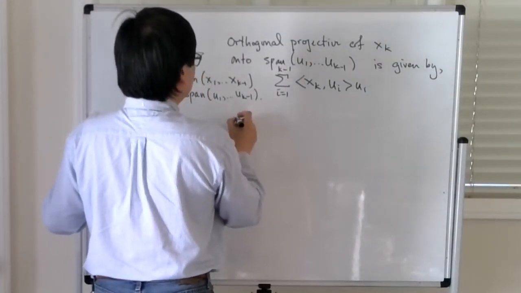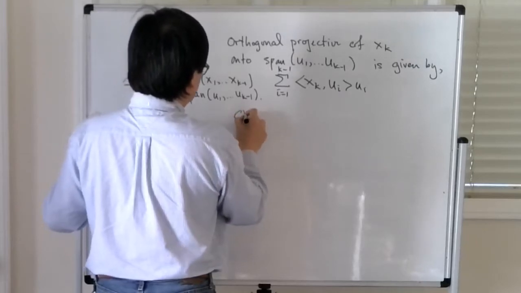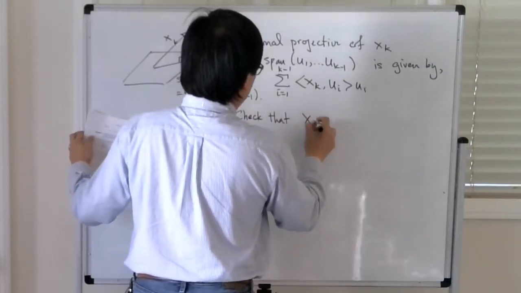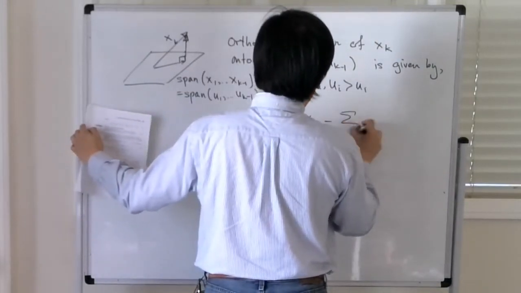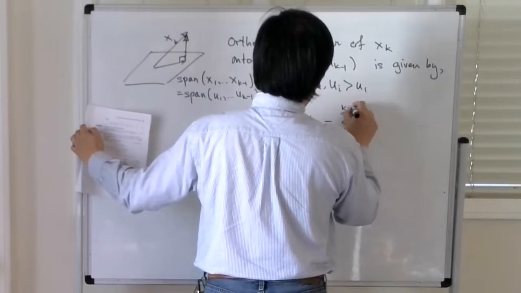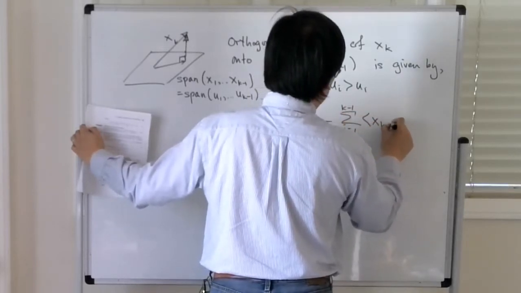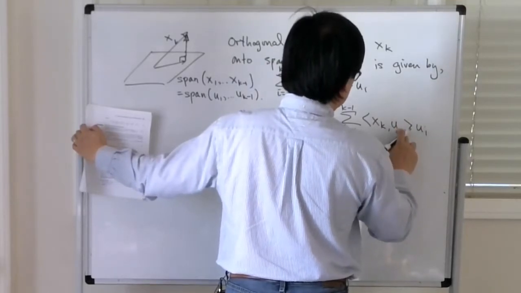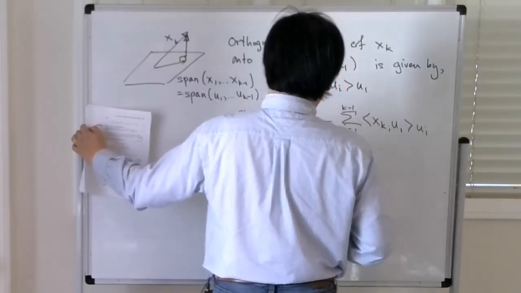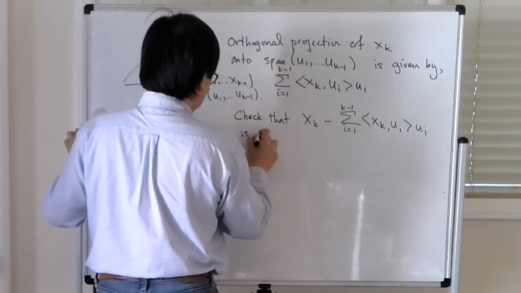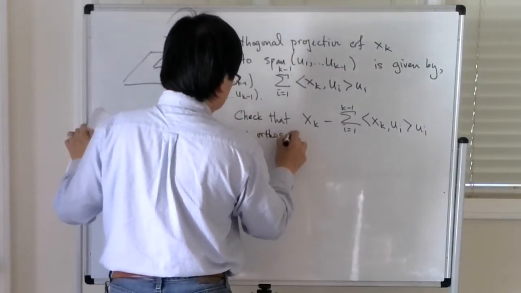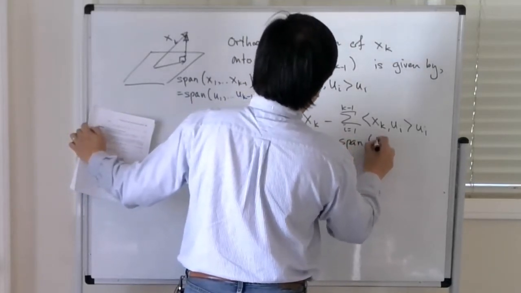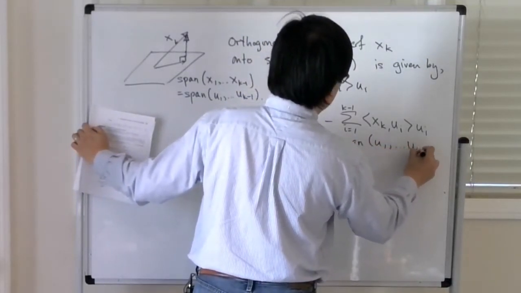So now you can check that xk minus the sum over i equals 1 to k minus 1 of the inner product of xk with ui, times ui, is orthogonal to the span of u1 to uk minus 1.